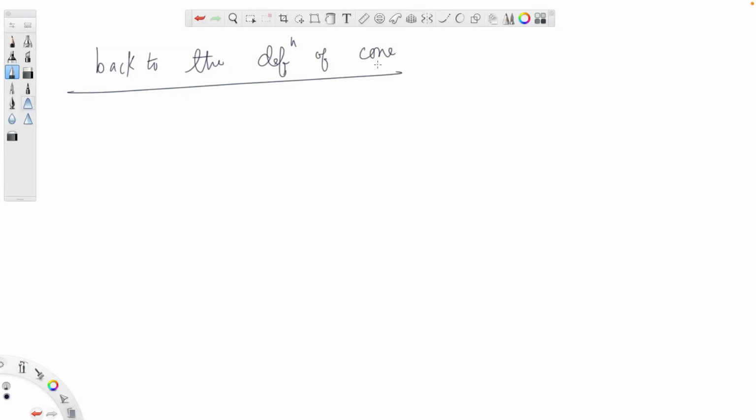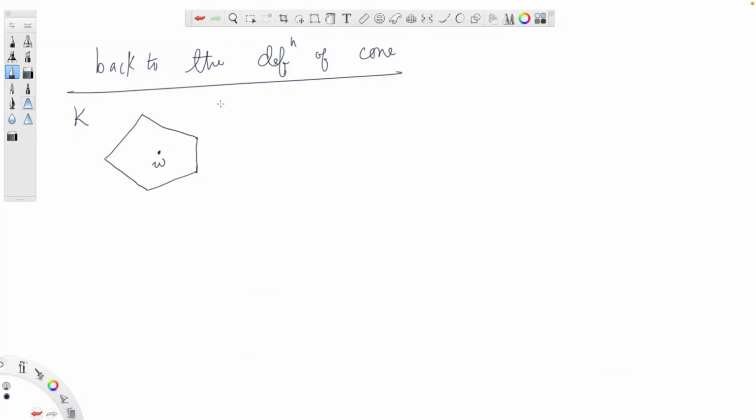It's time to give you some examples of cone. Let me take K to be a one-dimensional complex in R2, and W be this point inside this one-dimensional complex.